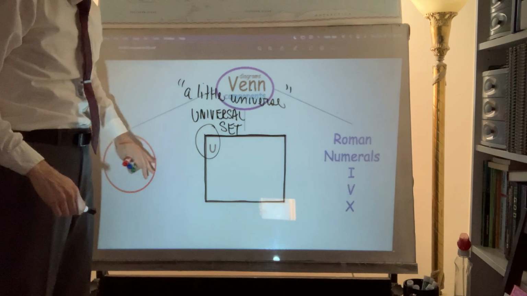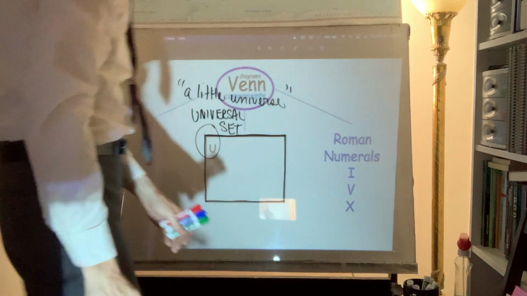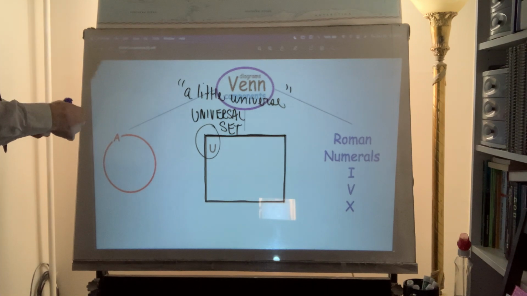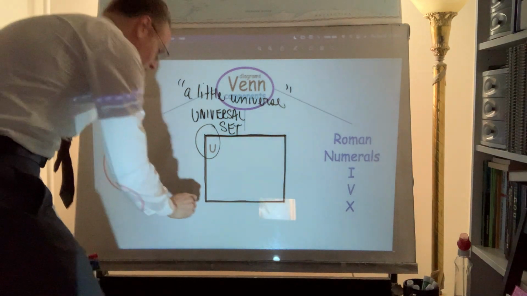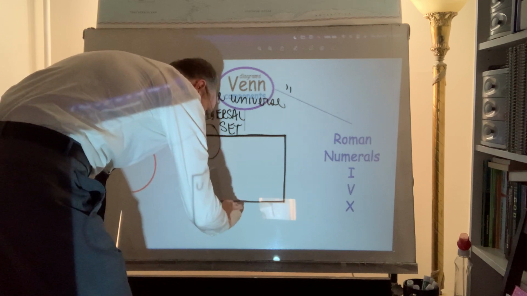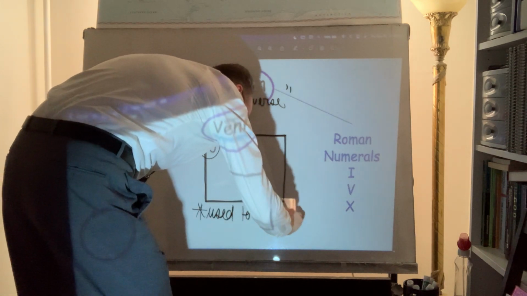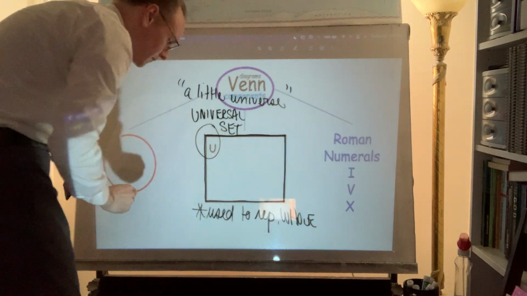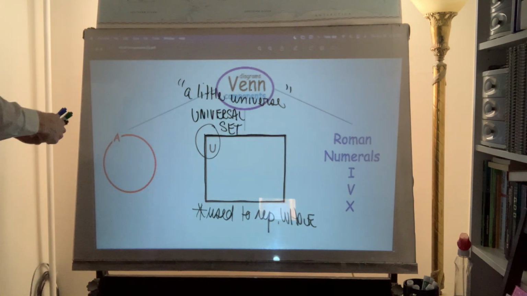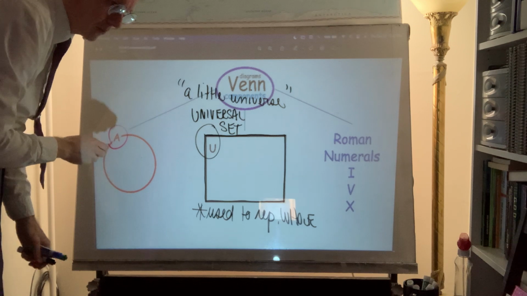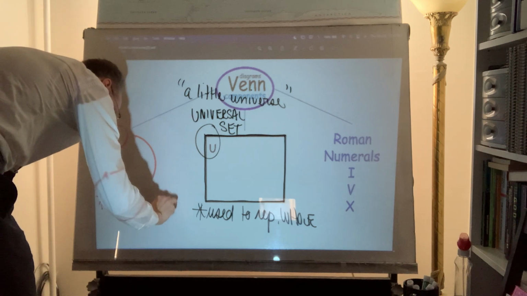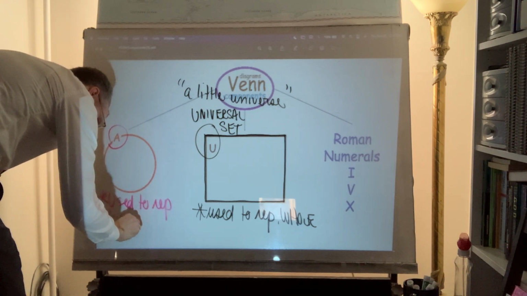Now, within the universal set, you may designate a smaller set of the whole. If this is used to represent the whole thing that you have available, then what this would be used to indicate, I'm just using A as an example, is a subset of the whole.